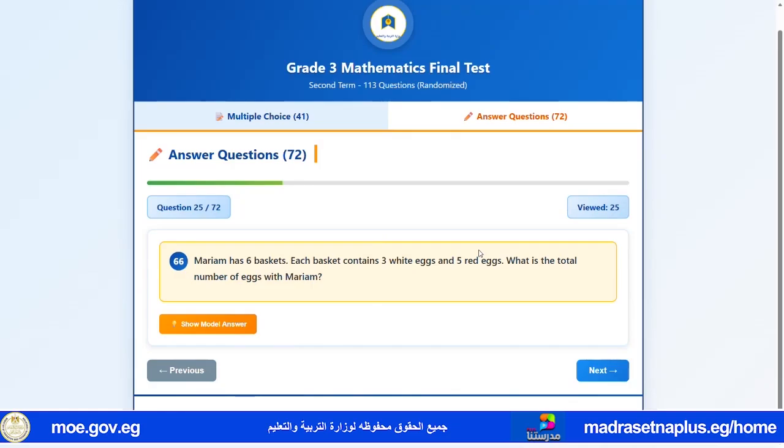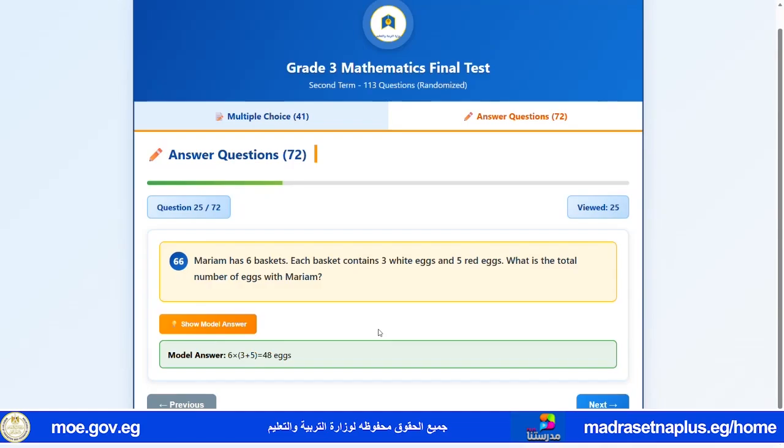How many eggs in each basket? Yes, there are 8 eggs. How many baskets? Yes, 6 baskets. So now how many eggs? Good, 48. Why 48? Because 6 times 8 equals 48.